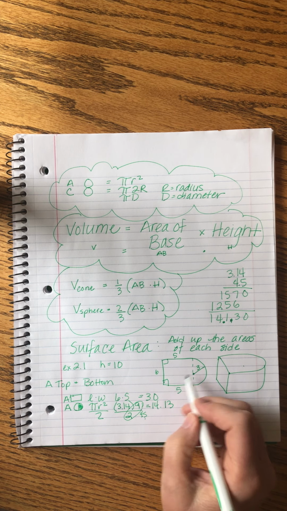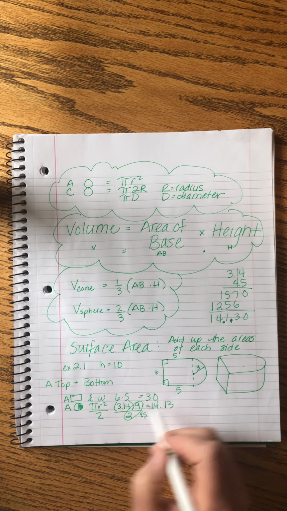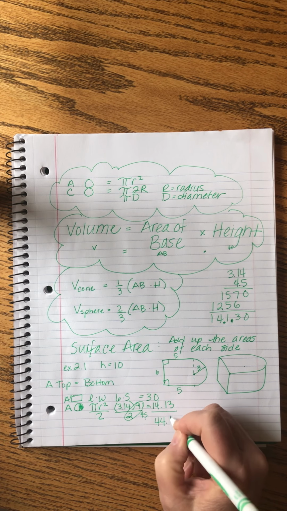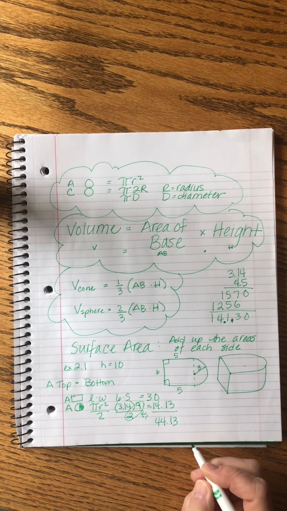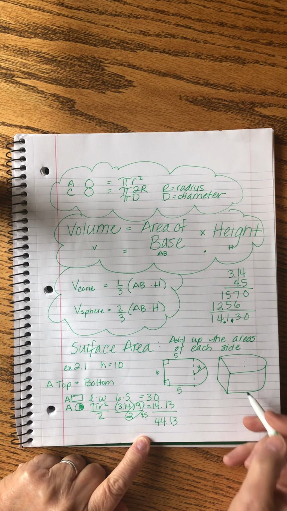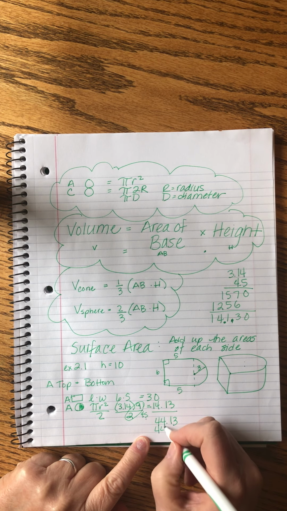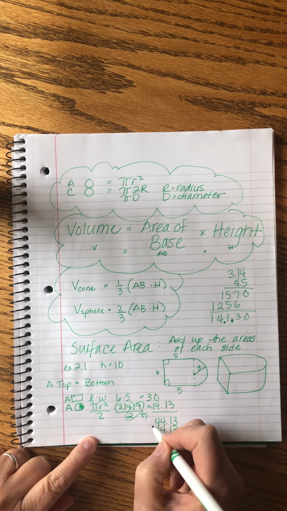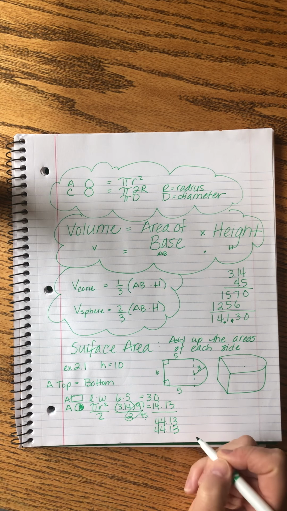We've got the rectangle and the half circle right here. We add them together, we get 44.13. And then we need to double it, right? Because we have two of them. We have the top and the bottom. Okay? So that's the top and the bottom.